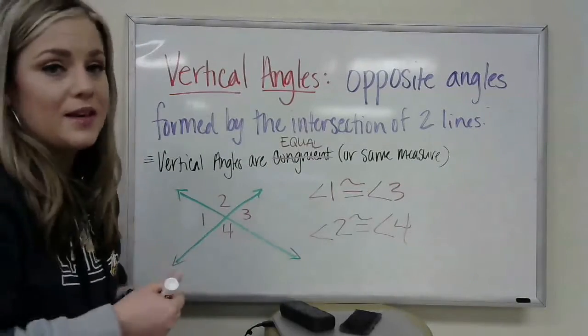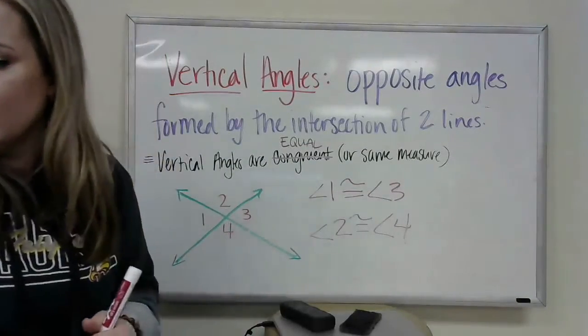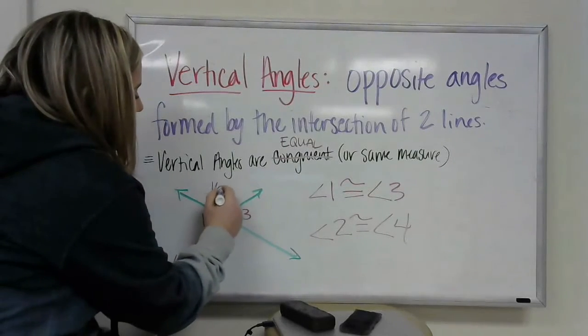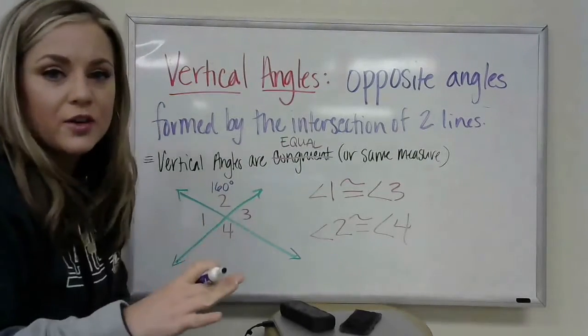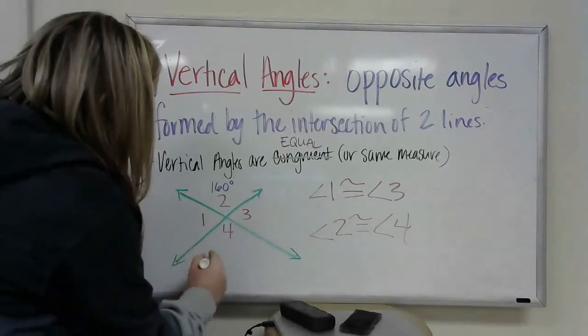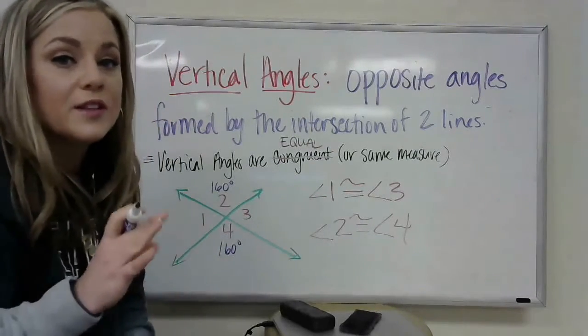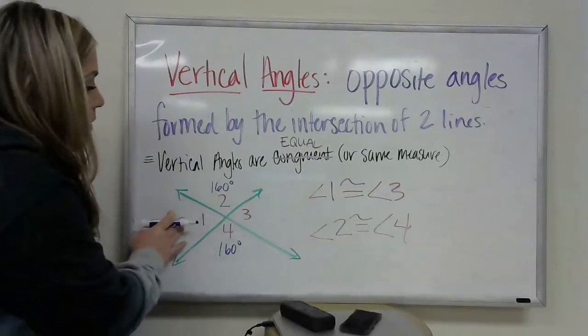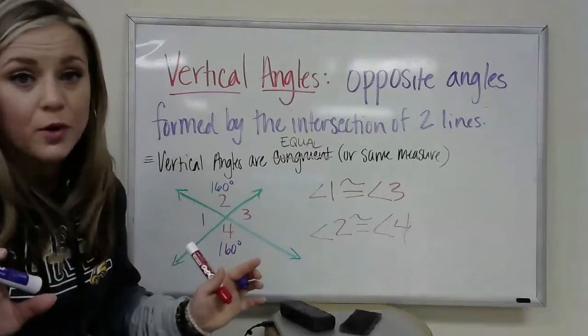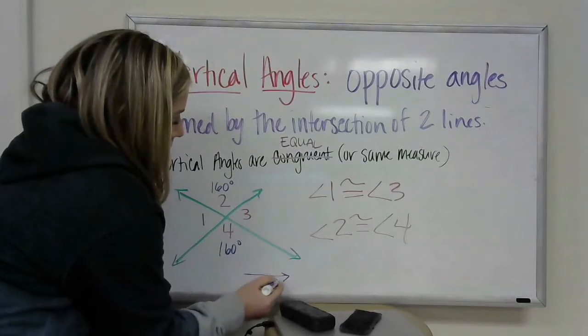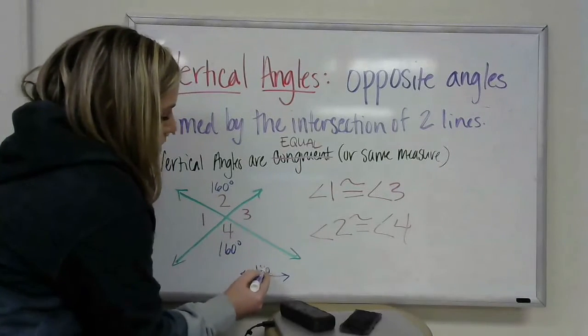So what that means is, let me get a different color, guys. If angle 2 is 160 degrees, if that measures 160 degrees, that means angle 4 is 160 degrees, okay? So this is how we can figure out what 1 and 3 measure without even using a protractor. So we know that a straight line measures 180 degrees, right?